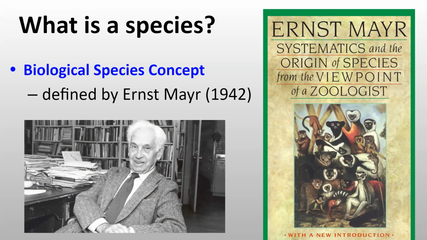So Darwin noticed the different species and proposed a model of how those different species came about. Ernst Mayr said, we need a definition on this. We need to define what exactly does make something different species or not.